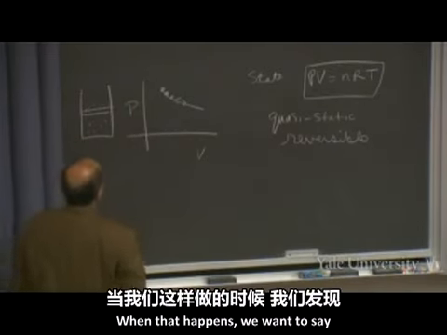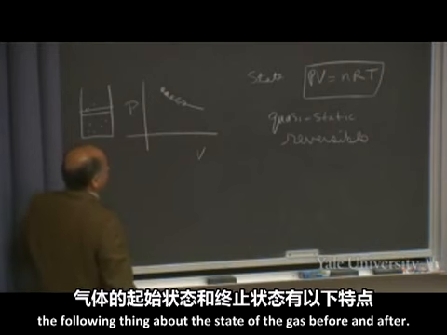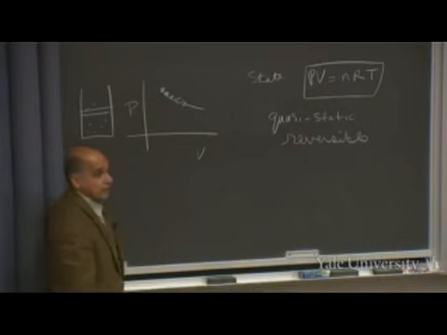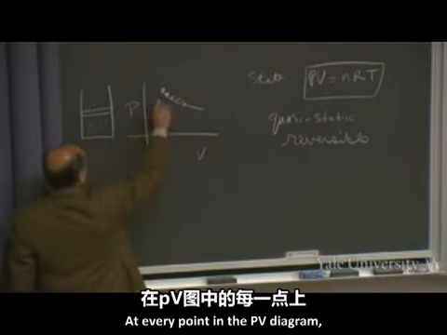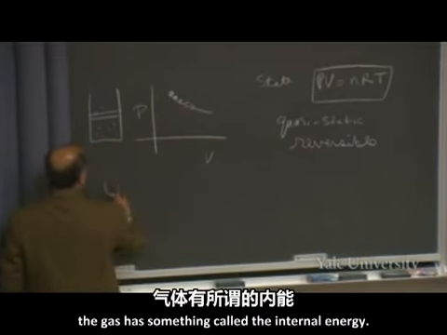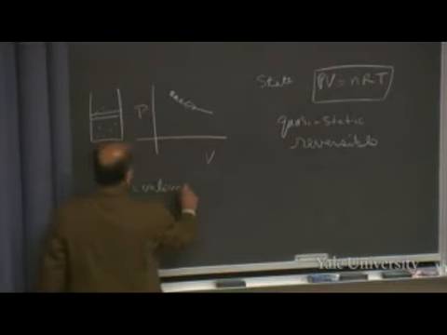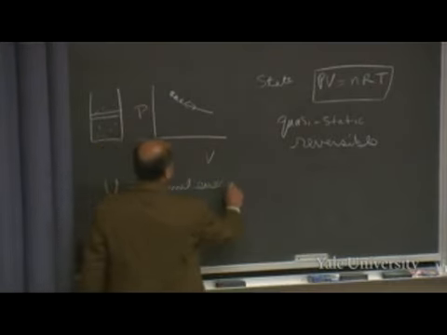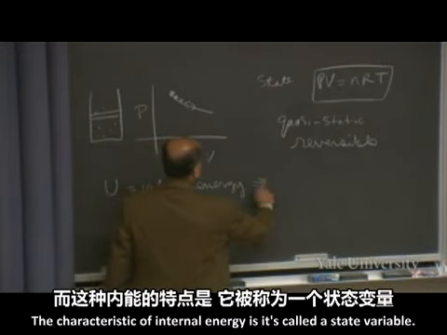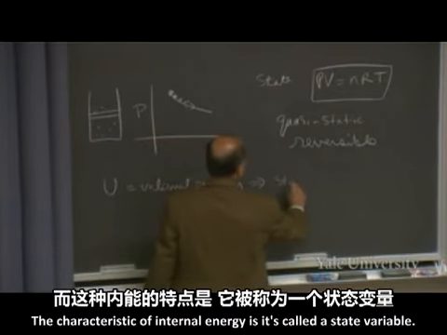When that happens, we want to say the following thing about the state of the gas before and after. At every point in the PV diagram, the gas has something called the internal energy. And the characteristic of the internal energy is it's called a state variable.